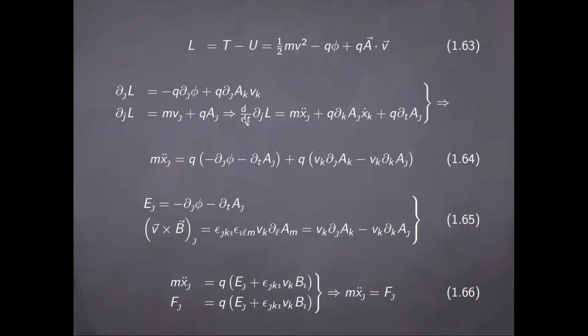And then I can take the total time derivative of this expression, which yields the acceleration. Then this is just the expansion of the derivative for the vector potential in terms of the Cartesian coordinates and Cartesian velocities. And then there's the partial time derivative of the component.